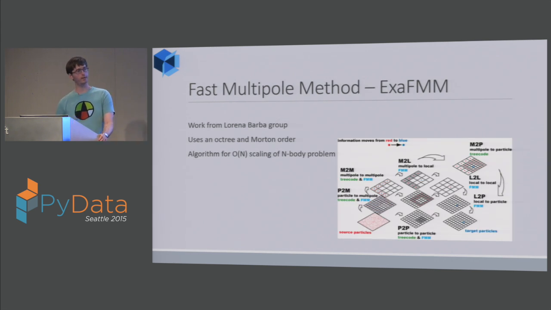Something very related is the fast multipole method. Lorena Barba gave the keynote this morning. A project she was involved in called ExaFMM is a library that lets you compute the fast multipole method on multi-threaded code or on the GPU.